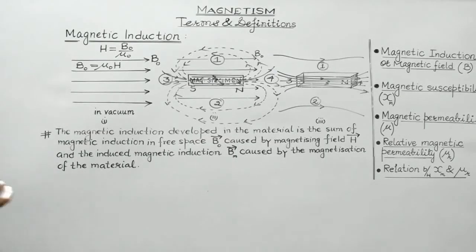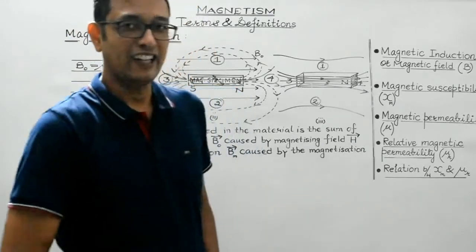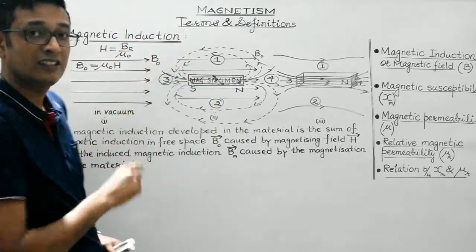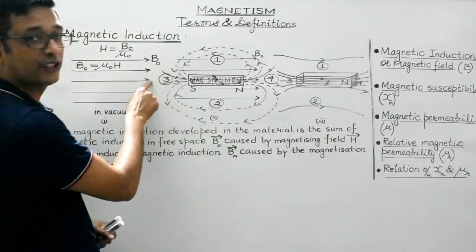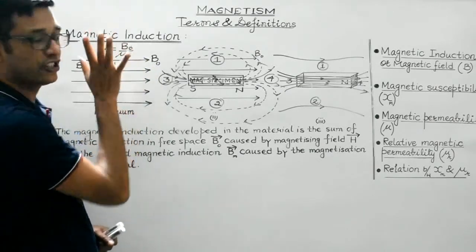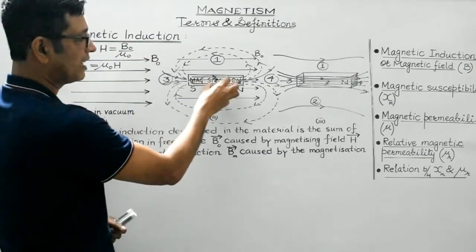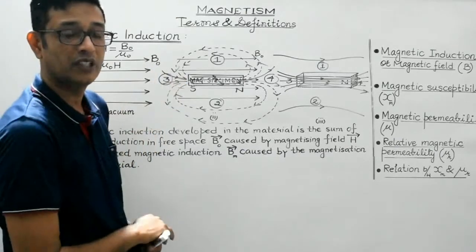So students, now let's discuss the quantitative study of magnetic induction, right? Now as stated earlier, B naught is the magnetic field strength or magnetic induction in vacuum. It is due to the magnetizing field H, which is B naught by mu naught. Once this magnetic specimen is placed under the influence of this magnetic induction B naught in vacuum, then what happens?